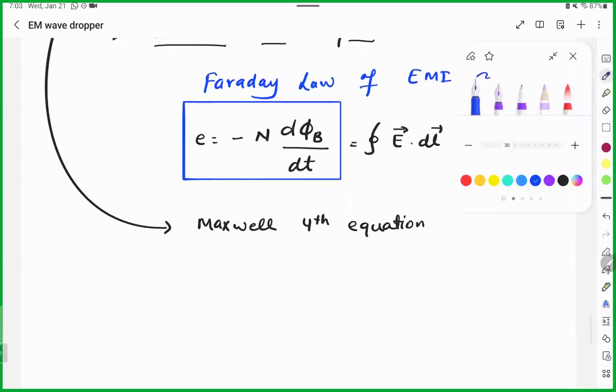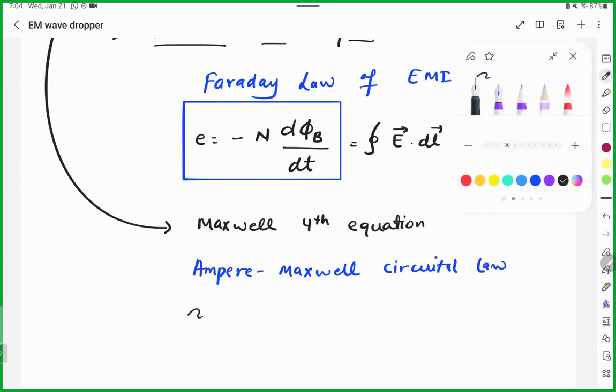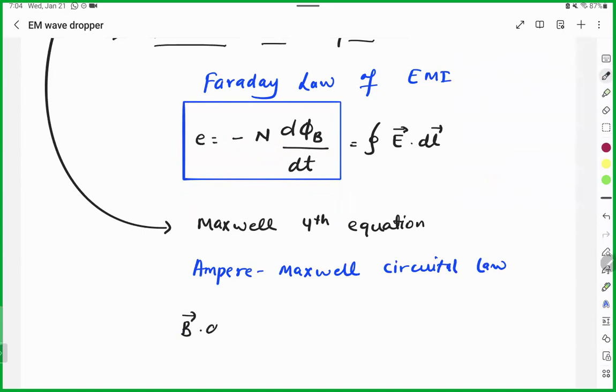Here, when we are considering Ampere Maxwell circuital law, which we just did in this chapter, if you take B dot dl in Ampere circuital law, then normally it is equal to mu naught I_C or I, but here it is I_C plus I_D, conduction current and displacement current. Conduction current is same and displacement current is epsilon naught d phi by dt.